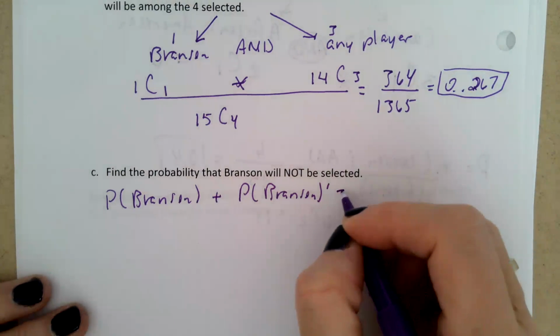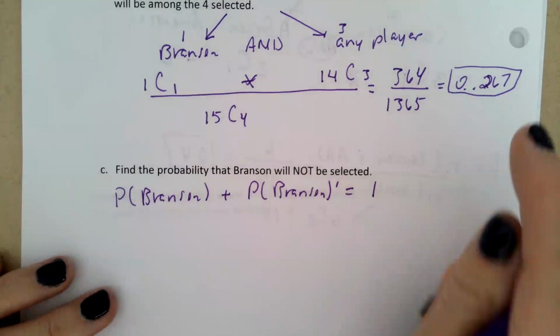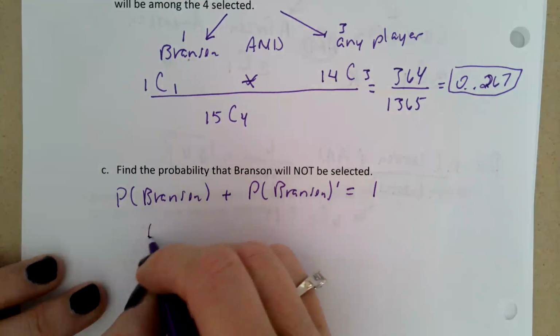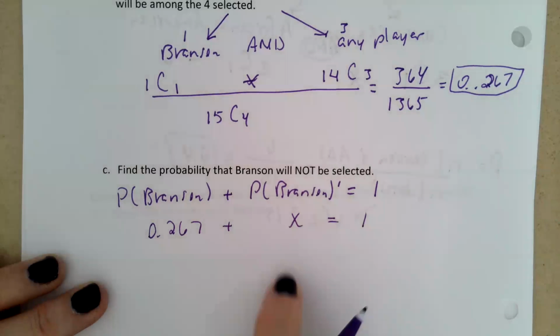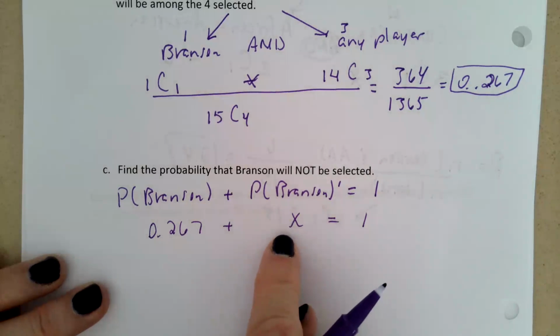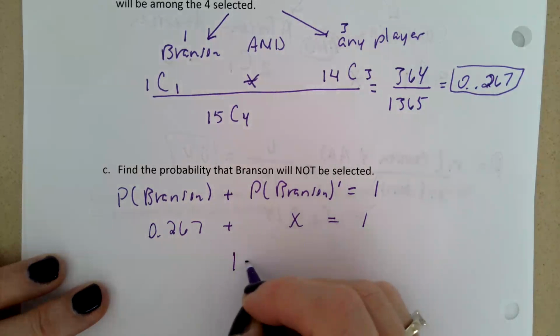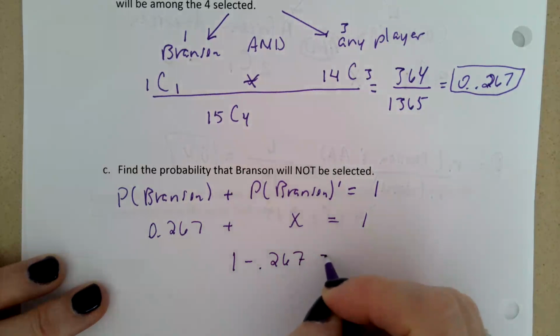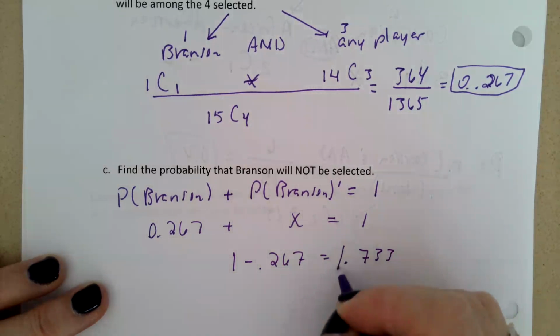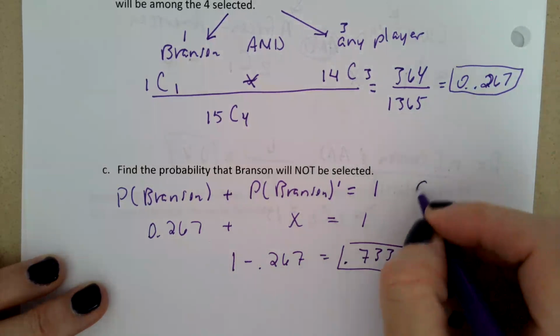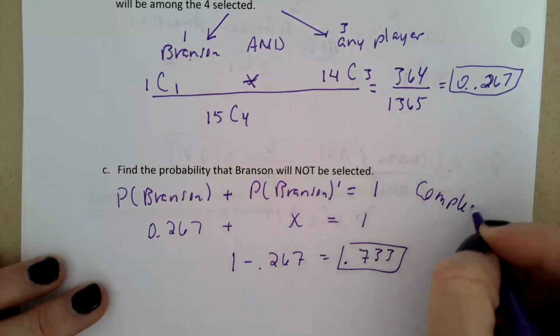The complement, they have to equal 1. So if Branson is 0.267, we can find out what the probability of not Branson is. And so that will just be 1 minus 0.267 or 0.733. So that's using the complement rule that we've been talking about.